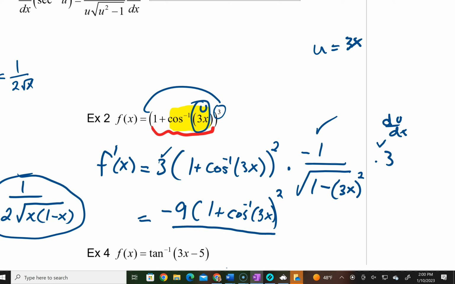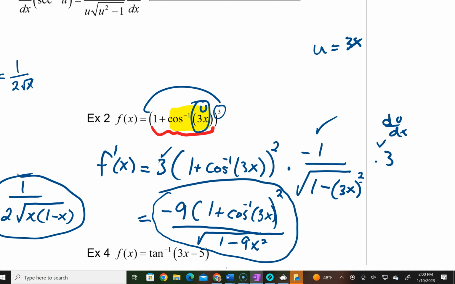And then down below, I've got this 1 minus, well, 3x squared becomes 9x squared. And wow, look at that. So these can get involved, but it's thankfully just a lot of practice on working through your chain rules and just making sure you know how to work through that template.